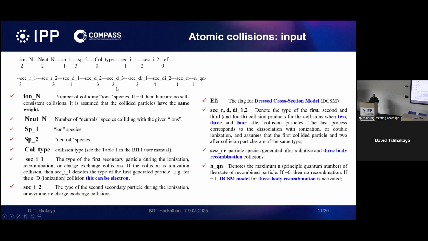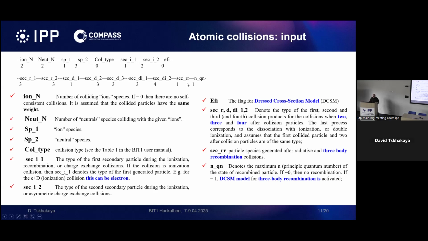Then we have a case with 3 outcoming particles. It can be, for instance, dissociation with ionization, and you have to specify 2 particles, because in this case you know what the 2 first particles are. It should be the same electrons, and so that's enough.